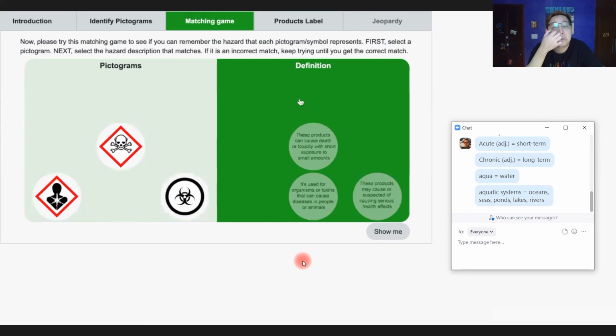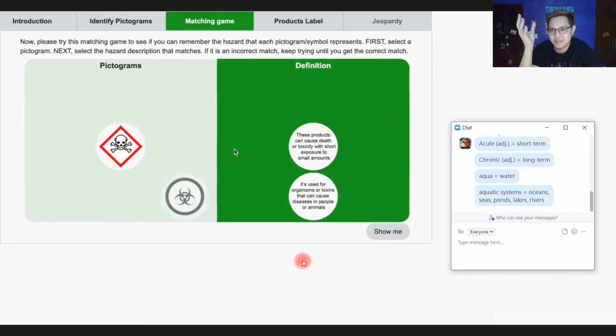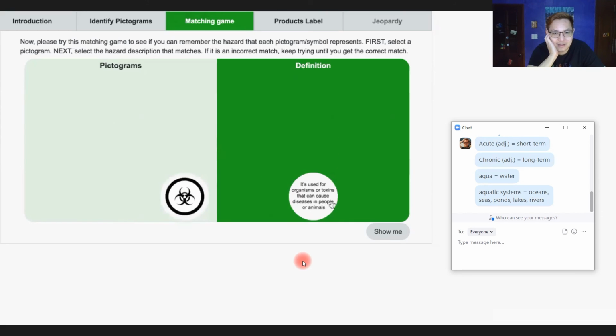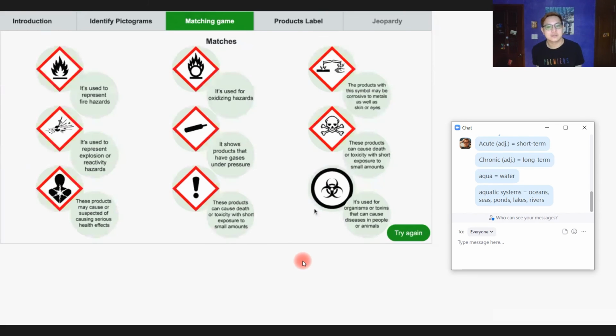Exactly. That one is like may suspect, but the one with the skull is like, it's very dangerous. It is known already. You don't have to prove it anymore. Cause death or toxicity. Okay. All right. Good. You know it now.